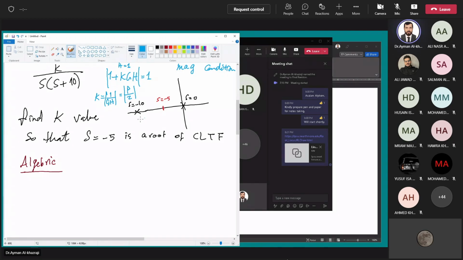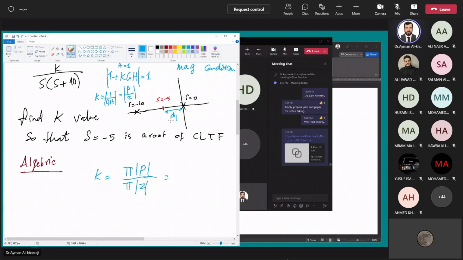So I can say k equals the product of distances of poles over the product of distances of zeros, I think, like this. Okay, distances. So I have this point. So this is distance 1.